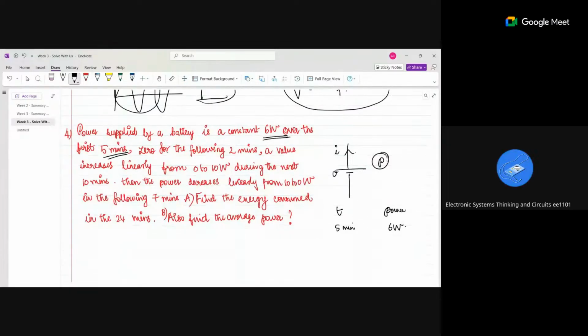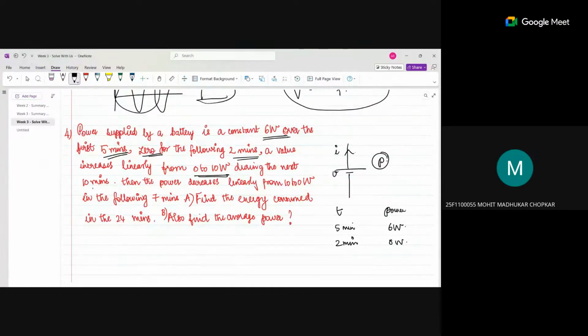Then what did they give? 0 for the following 2 minutes. Then read and tell me the next line: the value increases linearly from 0 to 10 watts.